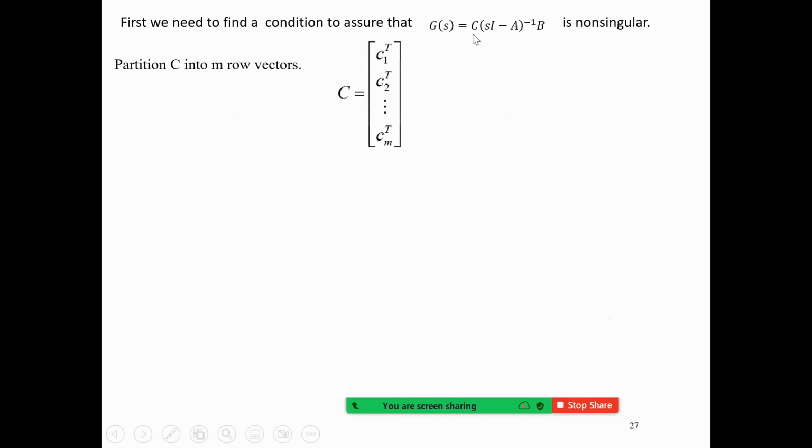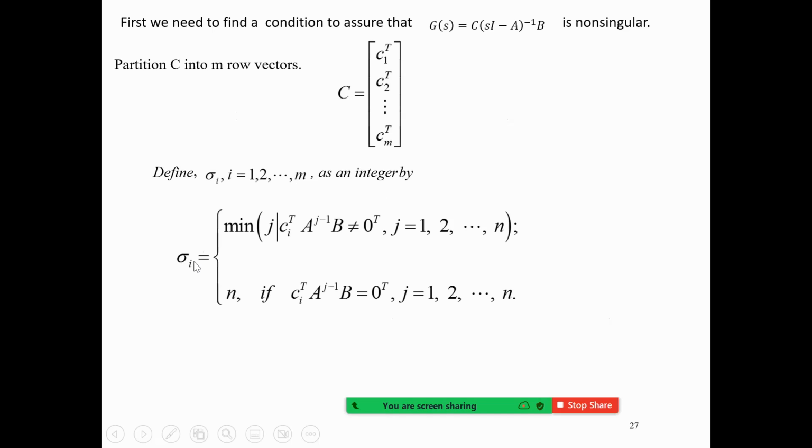Then we say, okay, we partition C here into m row vectors. Then we define the relative degree for each row, sigma_i. So sigma_i is the minimum value of j where C_i times A to the power of j minus 1 times B is not 0.